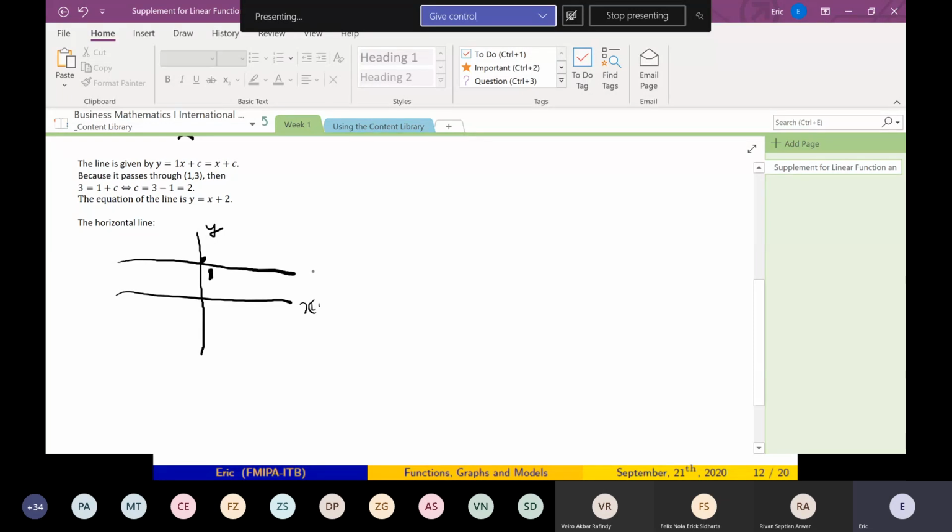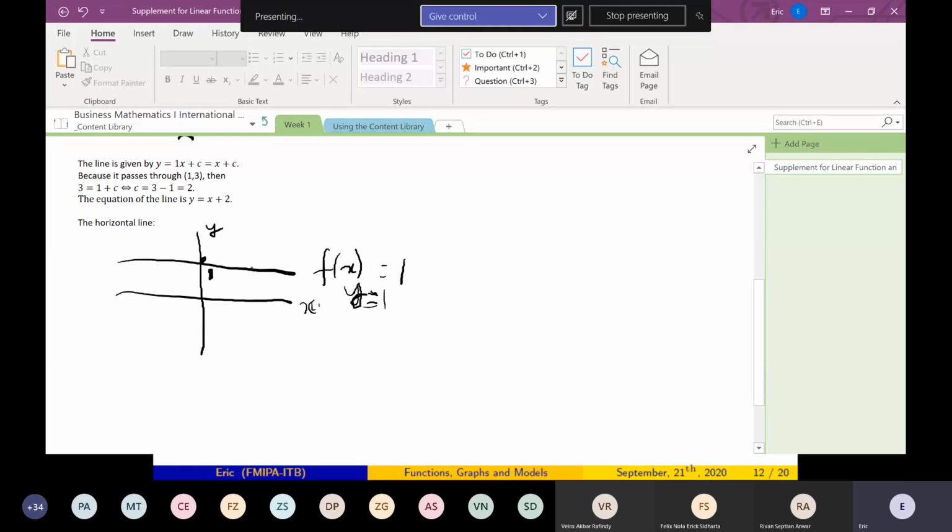So what is this? This is the constant function, f(x) equals 1, or y equals 1. Can you follow me? This is a constant function, f(x) equals 1.